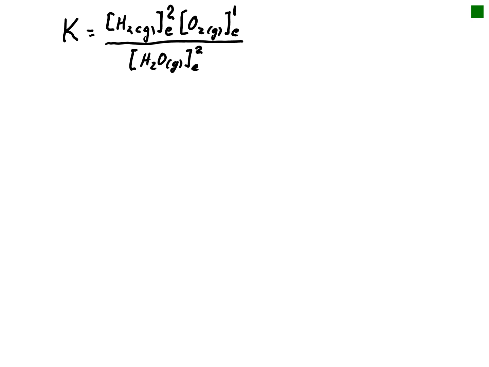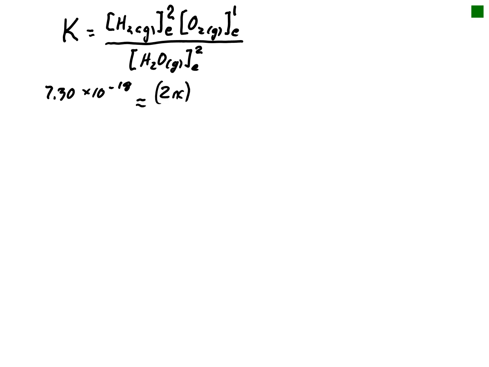I have to write the expression first before we go any further. Now we're going to substitute. The value of K is 7.30 times 10 to the negative 18. That's that really, really tiny number. And that equals, and now we go to our equilibrium expression, and we have the concentration of hydrogen gas is just 2x.